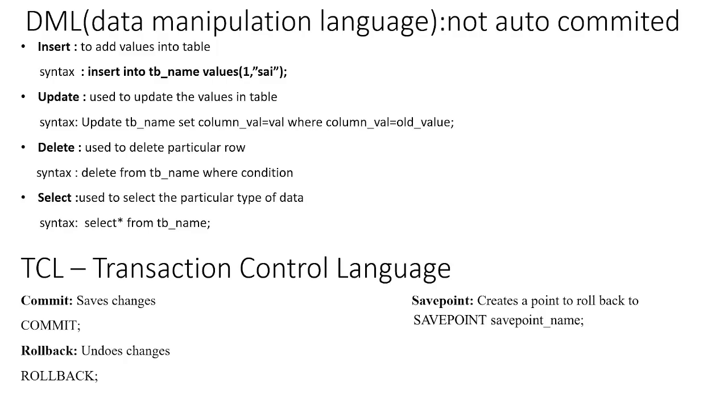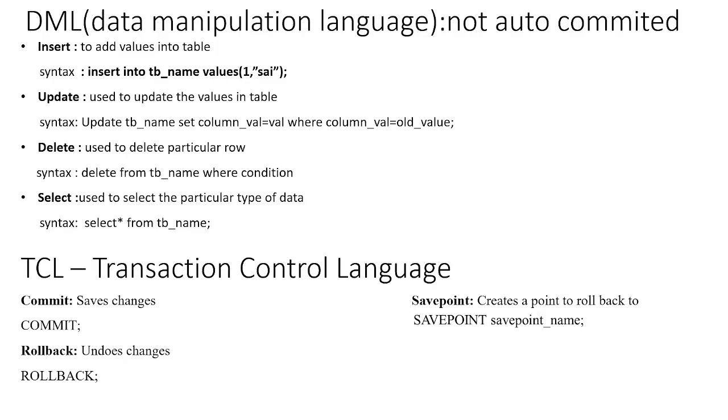Delete. If you ask me what is the difference between delete, drop, and truncate: as I already said, truncate and drop are auto-committed. There is no need to commit after every transaction or every change which you make in the database. When it comes to delete, it is not auto-committed, and delete needs to have some condition.